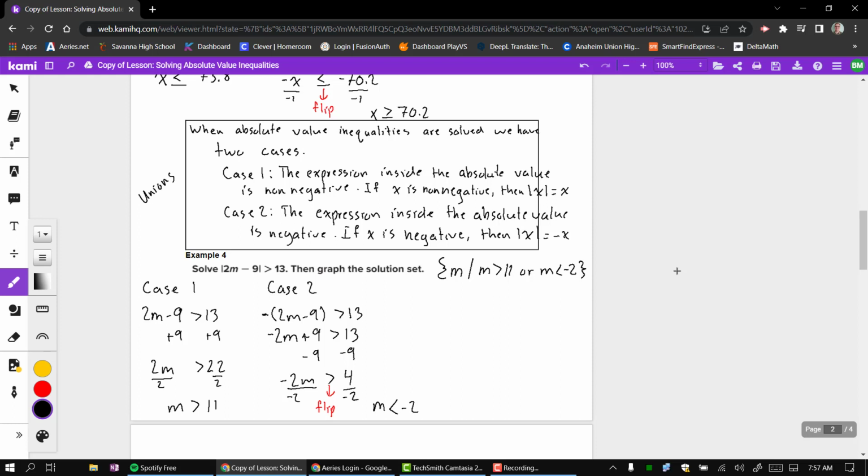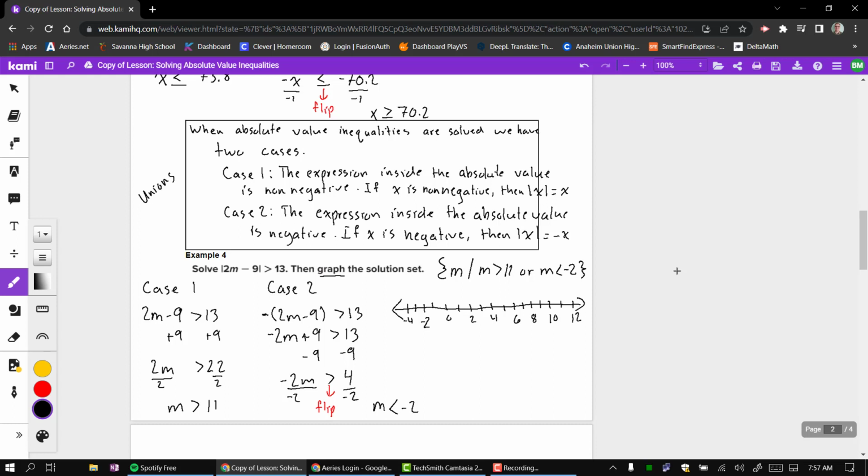Again, this is like an in-between set. I need to graph it. So let's graph it. So I have negative 4, negative 3, negative 2, negative 1, 0, 1, 2, 3, 4, 5, 6, 7, 8, 9, 10, 11, 12.